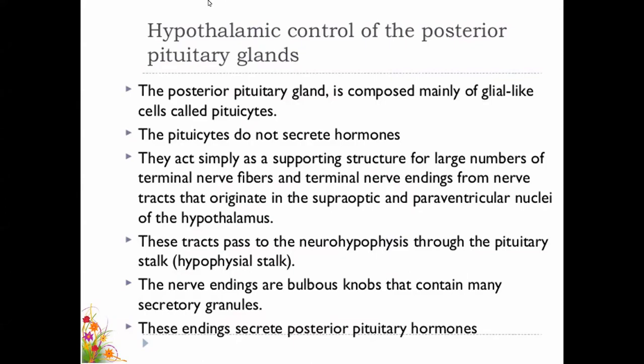So the posterior pituitary gland is commonly composed of cells called pituicytes. And as I already said, this pituitary gland will not secrete any hormones. They just release the hormones from the hypothalamus. These pituicytes mainly support the structures, that means nerve fibers and nerve endings, originating from the supraoptic and paraventricular nuclei of the hypothalamus.